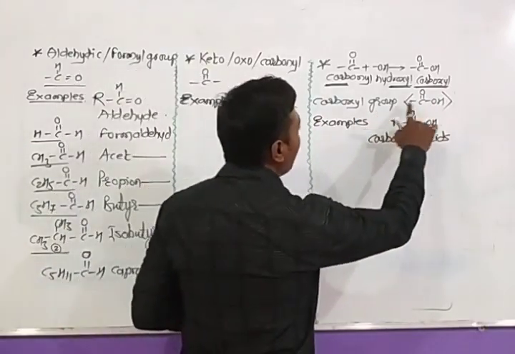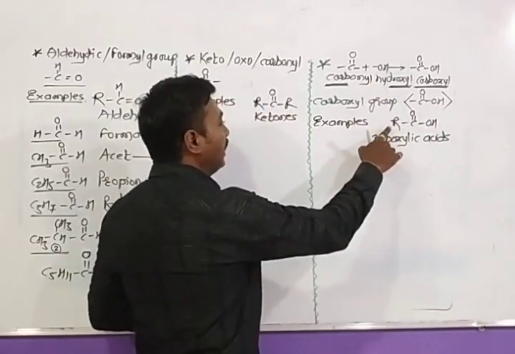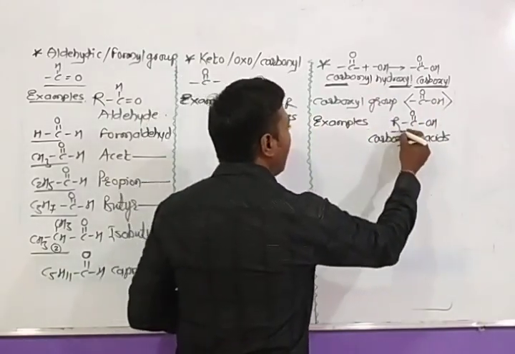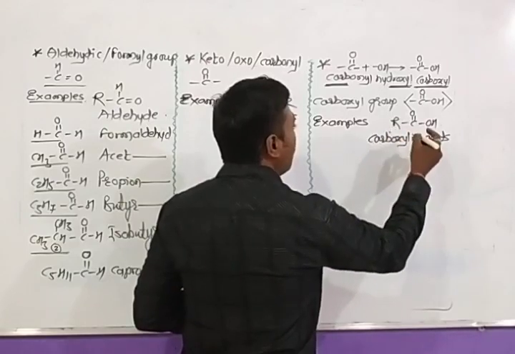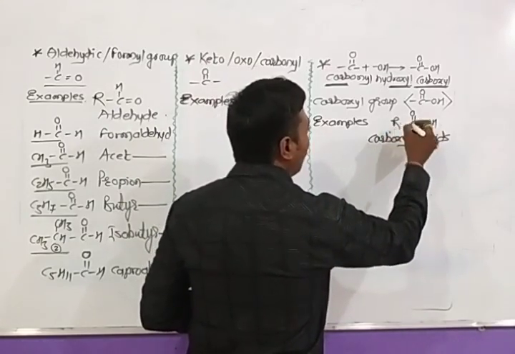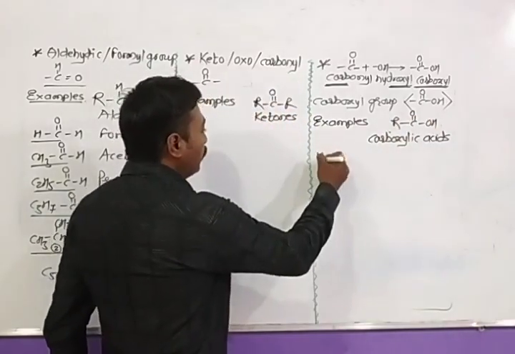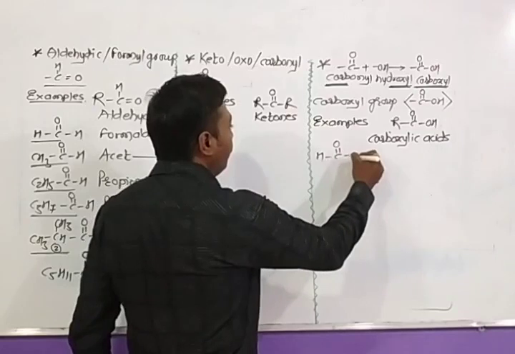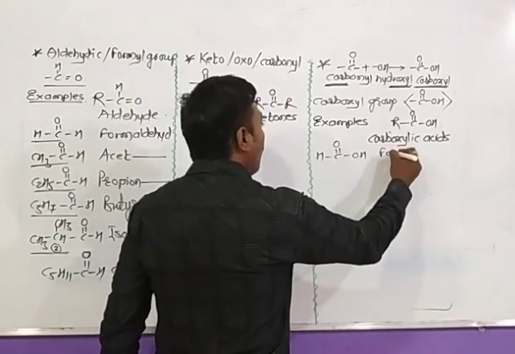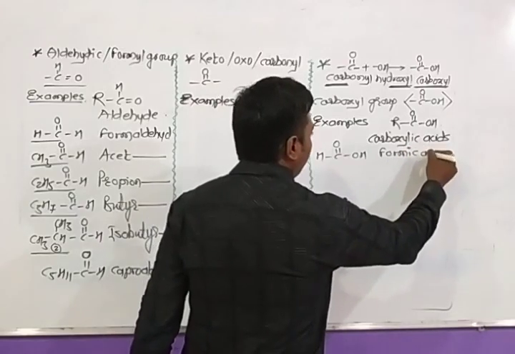It is represented as C double bond O, OH. And when this carboxyl group is attached to an alkyl group, we get the compound known as carboxylic acid. And for hydrogen, it will be formic acid, from the previous lecture.